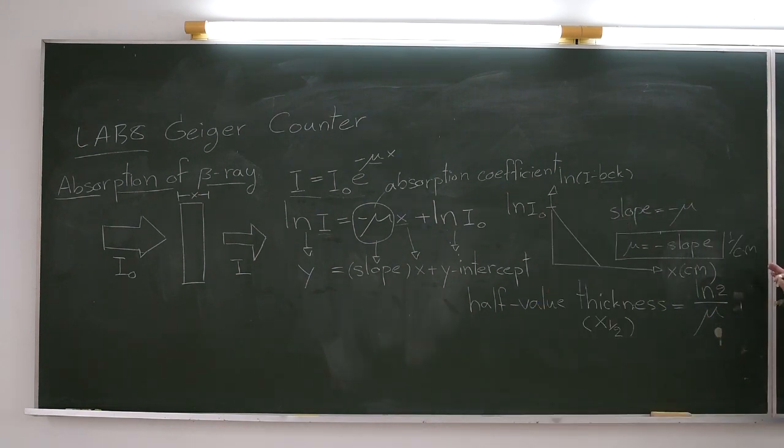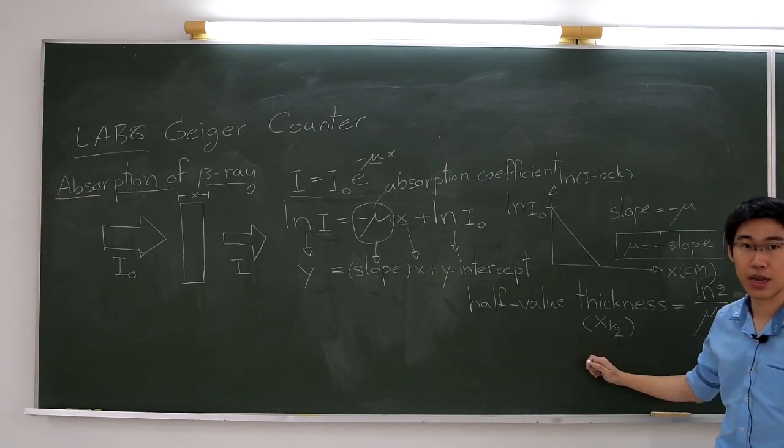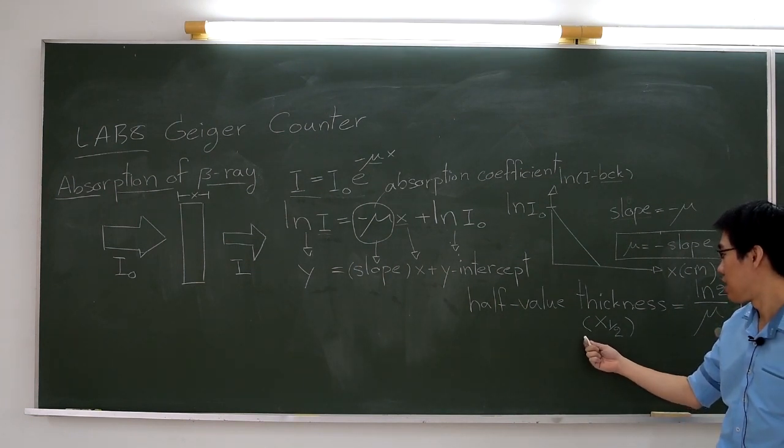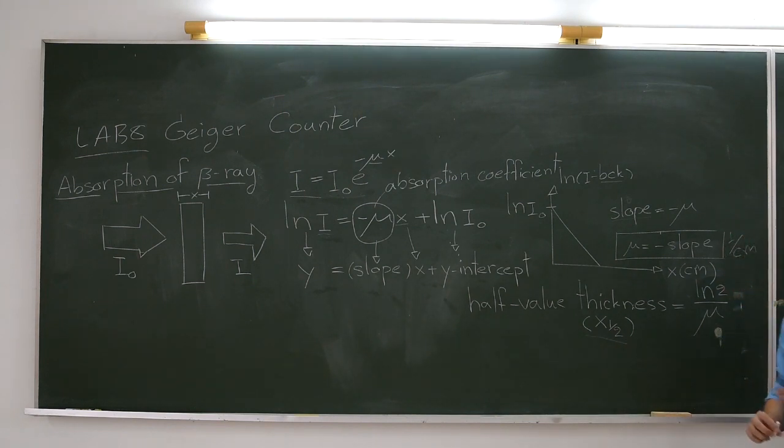And the last one that we have to determine is the half value thickness of the material. The meaning of this quantity is that this is the thickness that the material can attenuate the radiation by half.